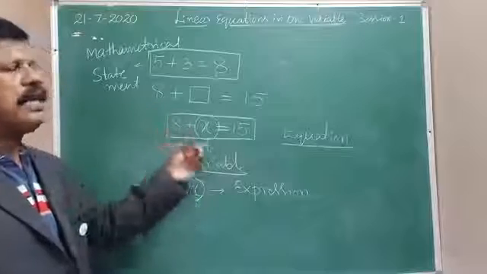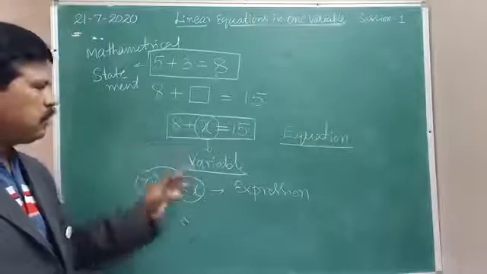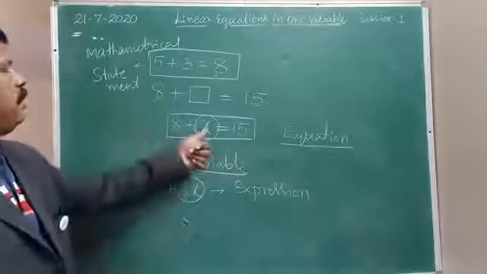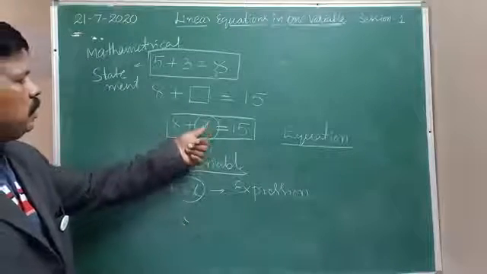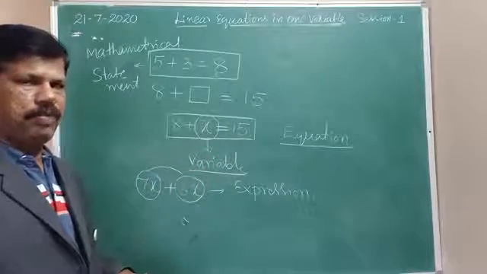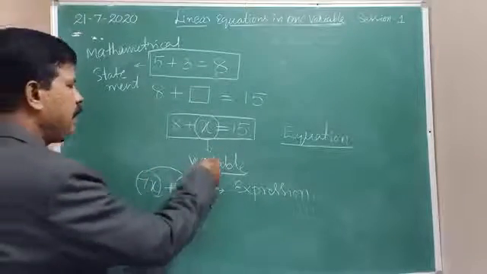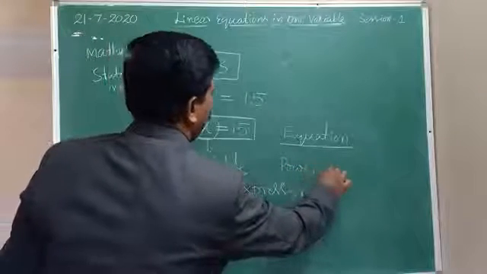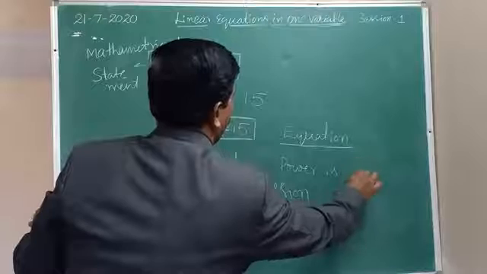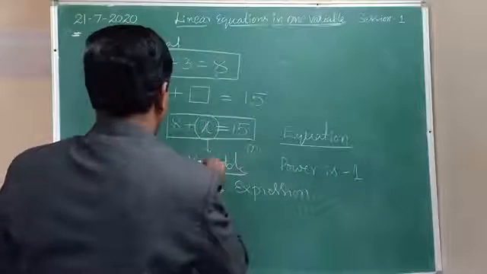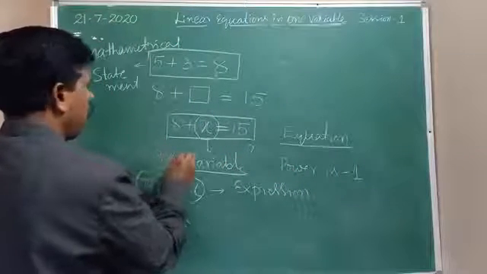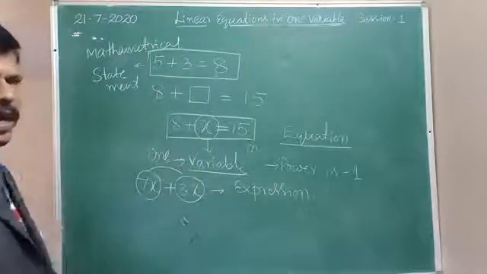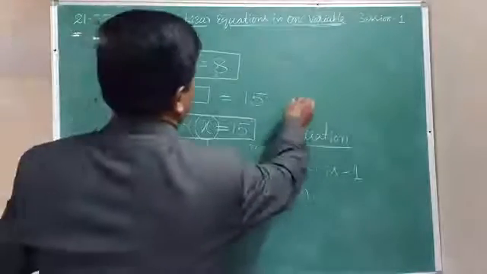Clear? This is an algebraic equation. Or what is an equation? Equation means it must and should consist of an equal sign. Clear? Then here in this, only one variable is there, and its power is 1, and it has an equal sign.